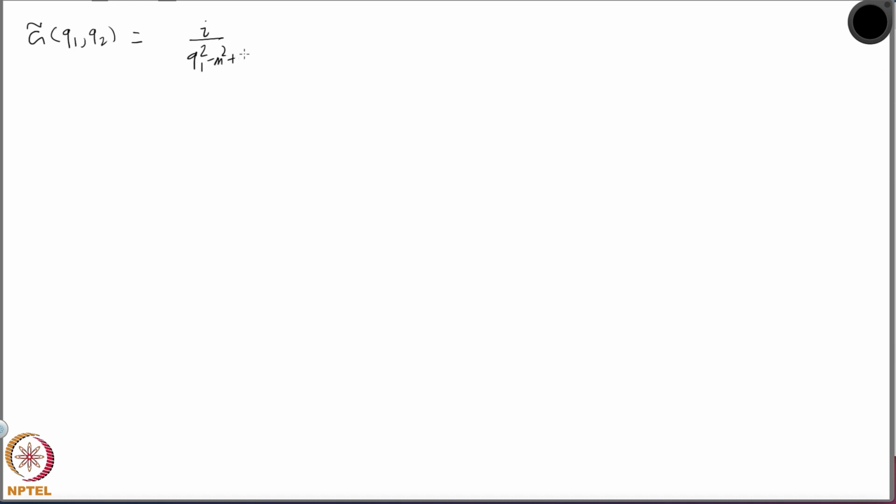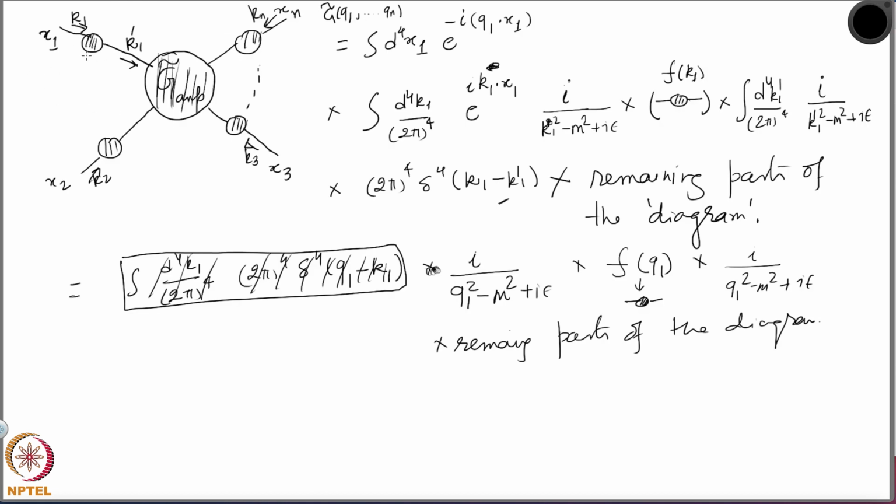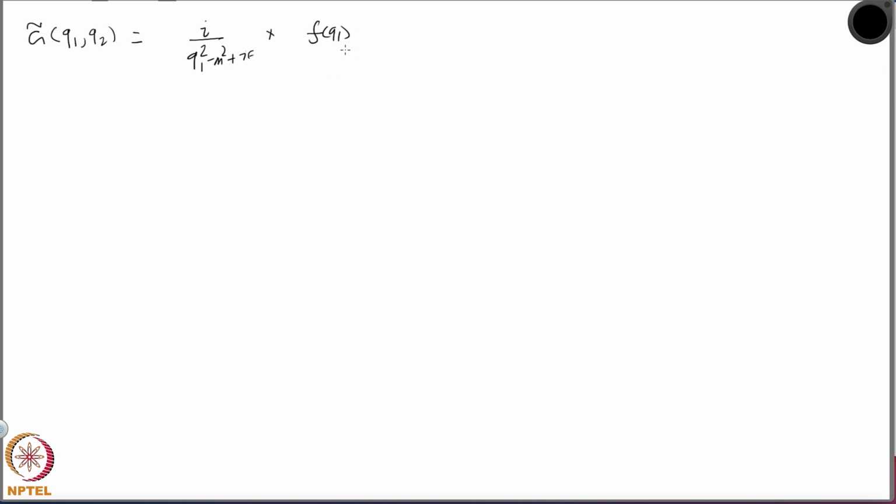So as I just said, delta G tilde of q1 q2, which is just the Fourier transform of the 2-point Green's function, will have, as we have seen above, i over q1 squared minus m squared plus i epsilon times this f of q1, all those things which come from this blob, all the internal vertices and internal propagators, times again i over q1 squared minus m squared plus i epsilon, and then at the end you have 2 pi to the 4 delta 4 of q1 plus q2.